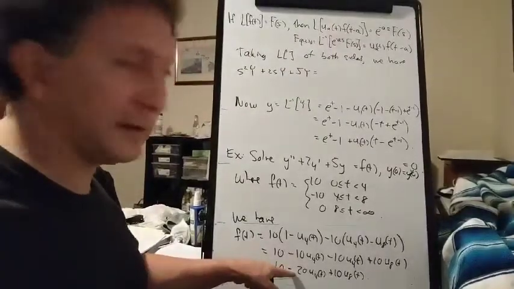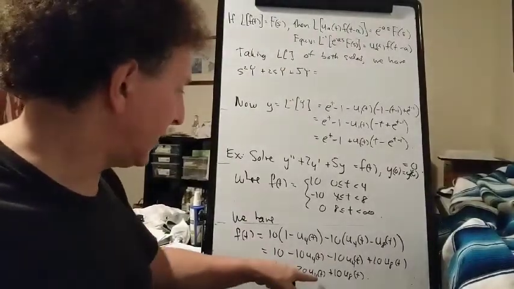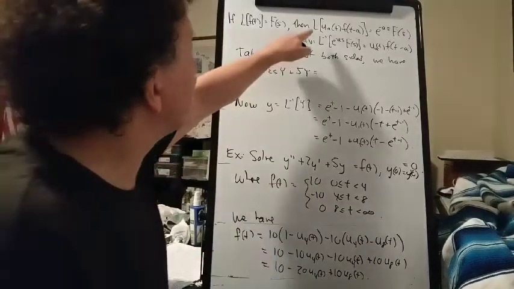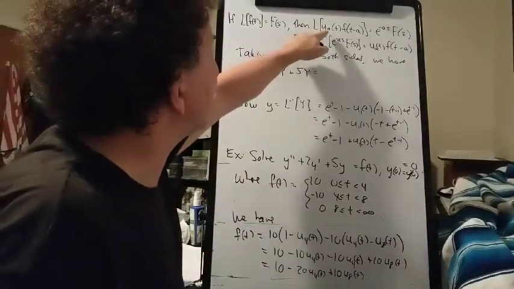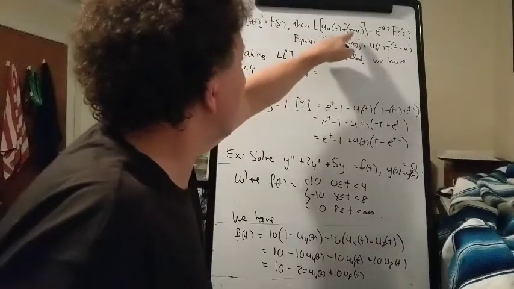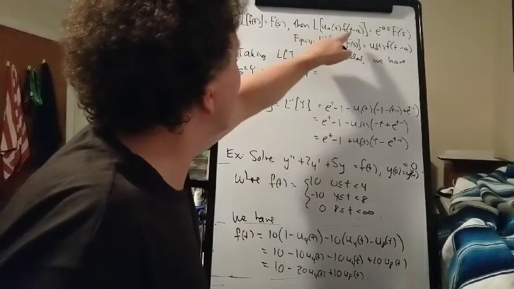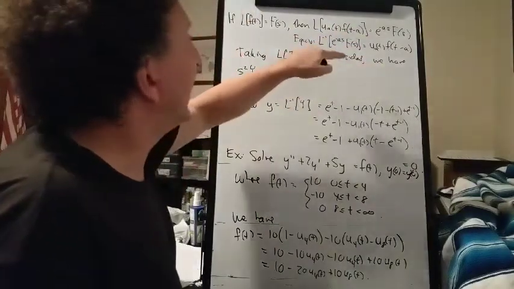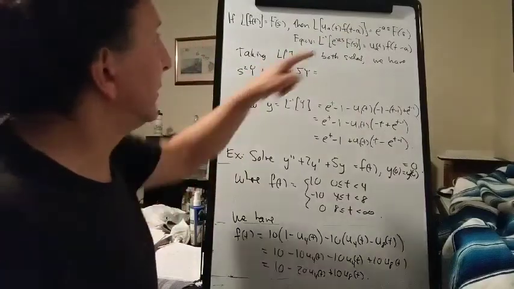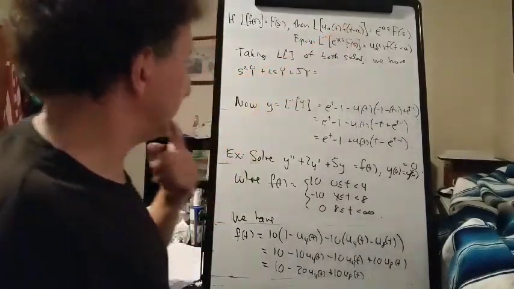Now these step functions here are all being multiplied essentially by 1. When we take the Laplace transform of a step function times 1, we're just getting an exponential function times 1 over s, because the Laplace transform of 1 is 1 over s. And since 1 doesn't have any t's in it, we don't have to worry about the shifting here.